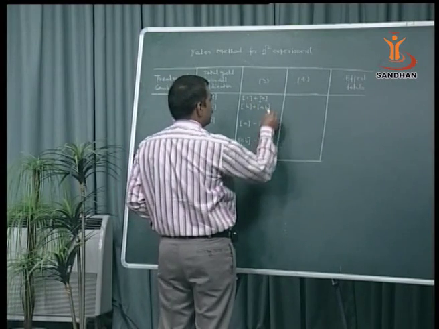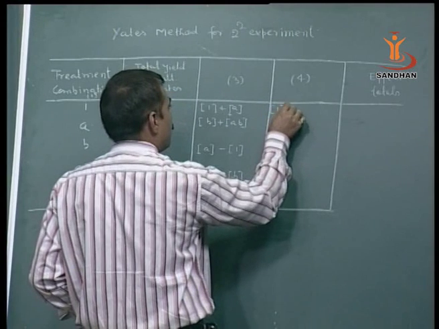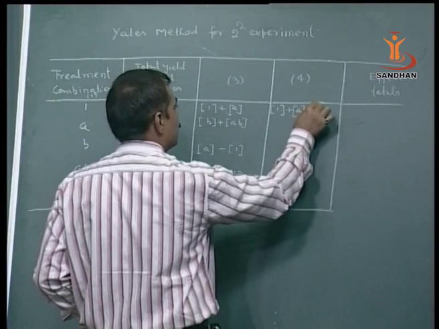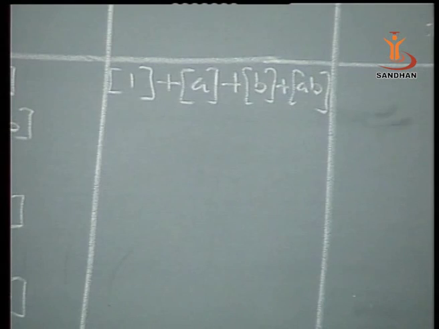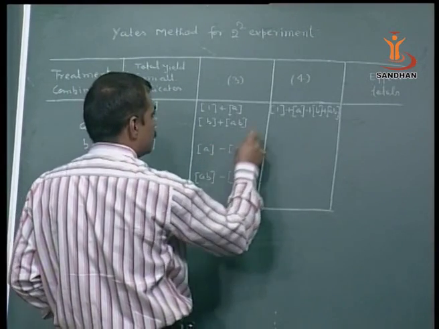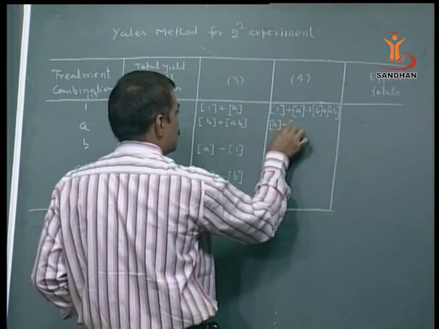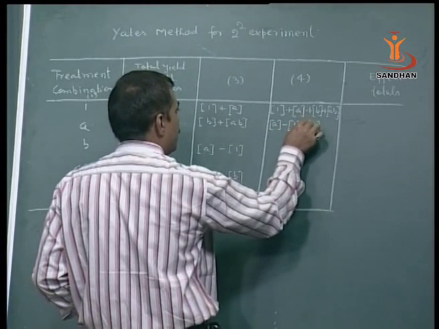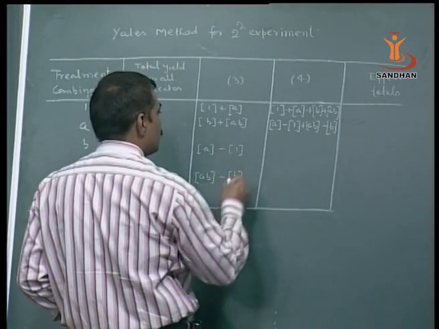Now by the same procedure we write the fourth column. So this is 1 plus a plus b plus ab, and next, that is addition of third and fourth, that is a minus 1 plus ab minus b.